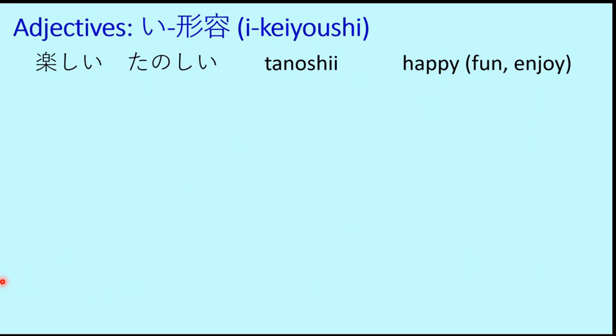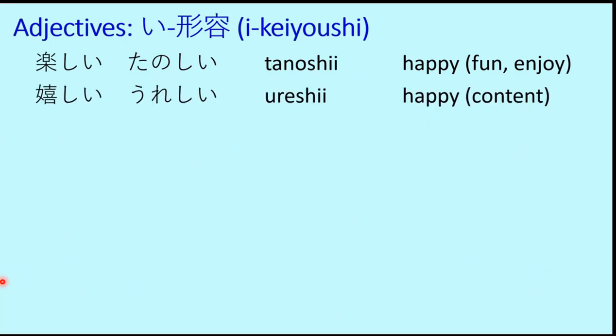It doesn't represent the other type of happiness which is content. So that is ureshi. If a student has got high marks in the exam and he becomes happy, then that will be ureshi, not tanoshi. Tanoshi is for some excitement, some fun, some enjoyments. And the generic happiness is ureshi. So the difference should be noted between tanoshi and ureshi.